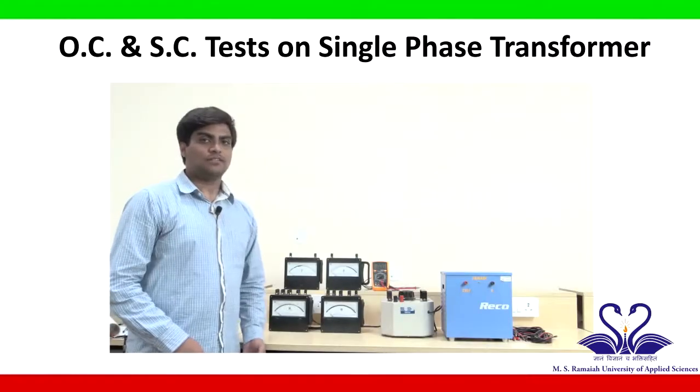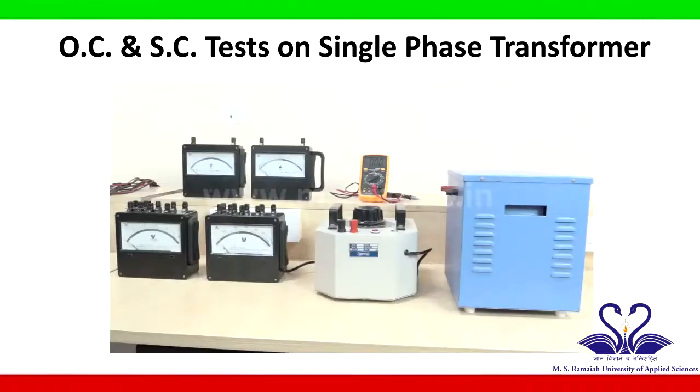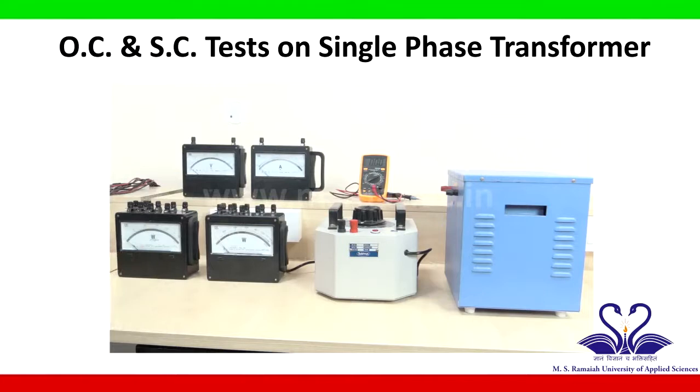Now let us start this experiment by making circuit connections. Now let us start conducting the open circuit test. To conduct the open circuit test, we need an LPF wattmeter, voltmeter, ammeter, auto transformer, and single phase transformer. Let us take those components and start building the circuit.